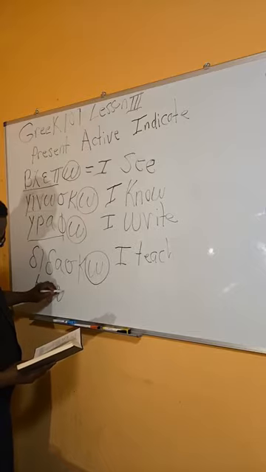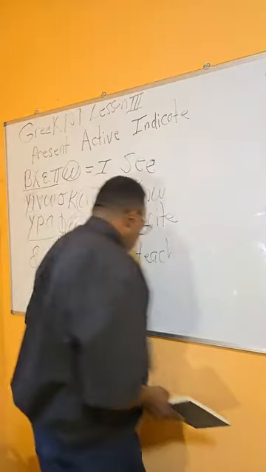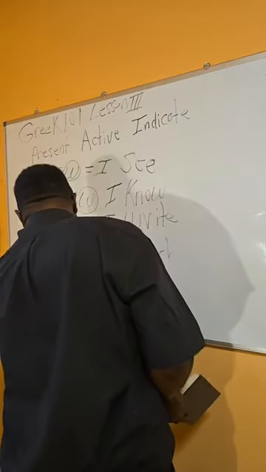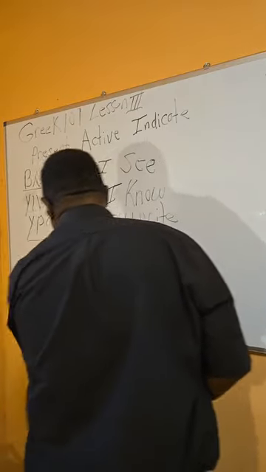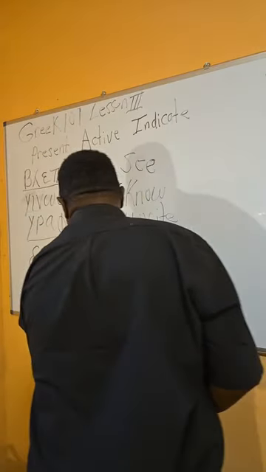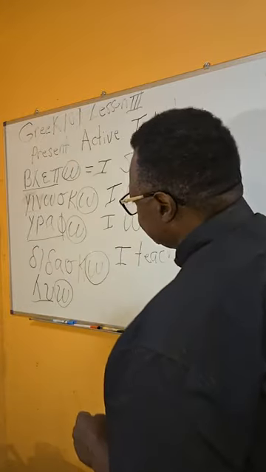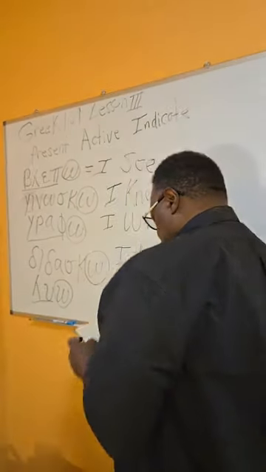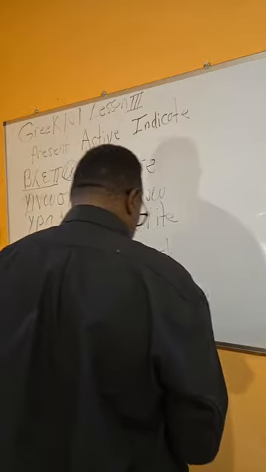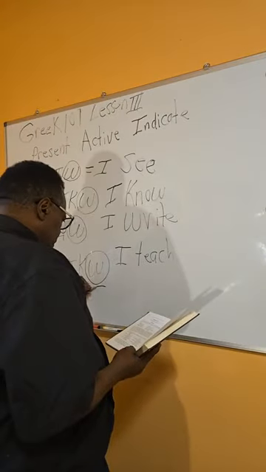O is the subject. Luo, long sounding omega. Lu is your stem, lambda upsilon. Your subject is omega. So luo means I loose. Okay? I loose, or I destroy.